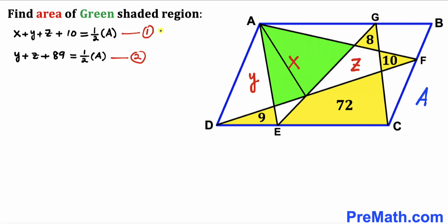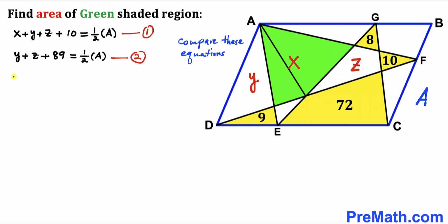And here we ended up with these two individual equations, 1 and 2. And now we are going to compare these two equations. And we can see the right hand sides of these two equations are identical. So therefore we can equate the left hand sides as well.